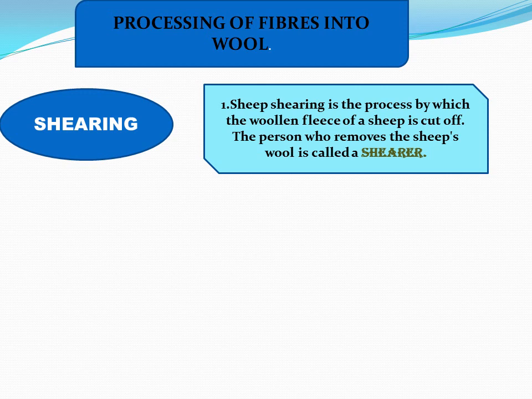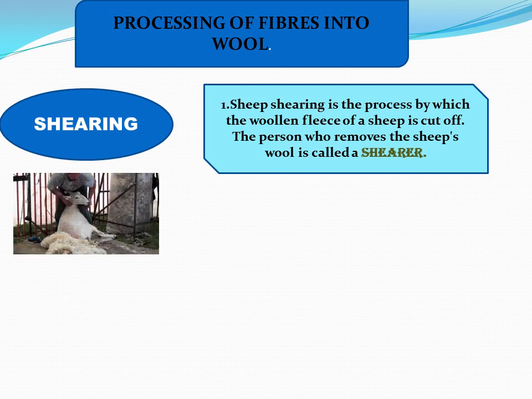A shearer removes the wool with the help of the specialized tools such as scissors, knife, etc. This process does not harm the sheep because the cells which are present in the outermost hairy layer are the dead cells. So, it will not cause any bleeding or any damage to the sheep.